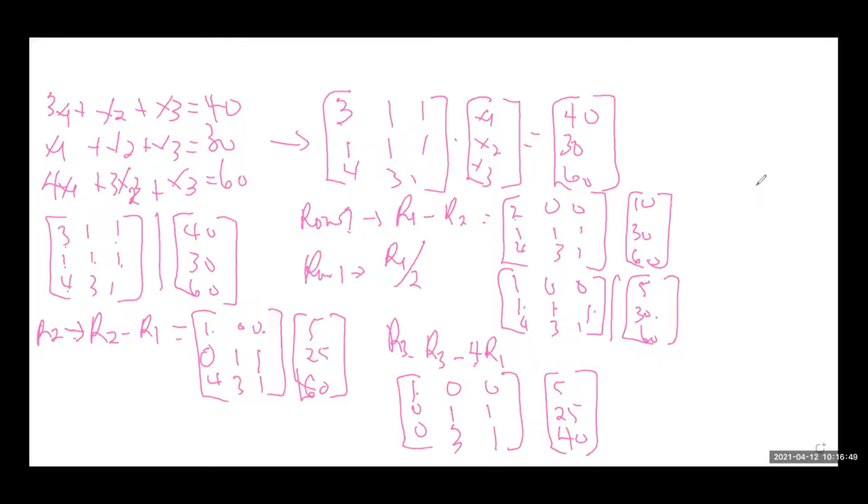Okay, so let me come here, row 3. What operation are we doing on row 3? Let's multiply row 2 by 3 and subtract row 3 from it. We should subtract row 3 from 3 times row 2. Okay, so I should do 3 times row 2 minus row 3. Is that it? Yes. Okay, we will do it, but I'll show you what will happen.